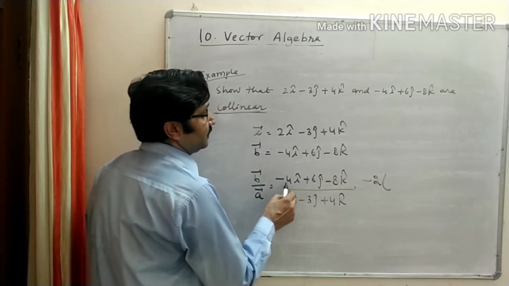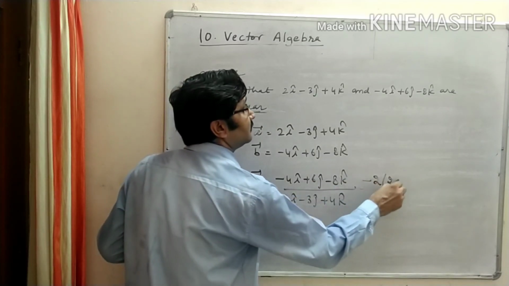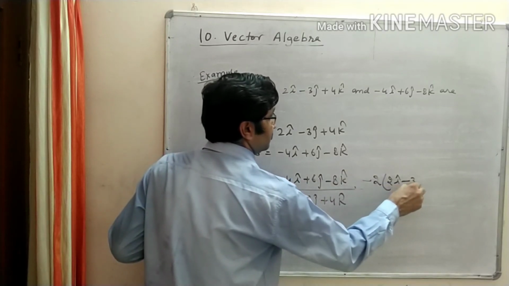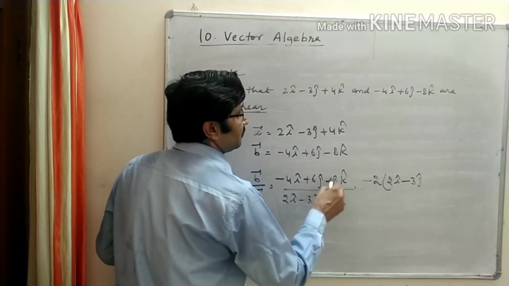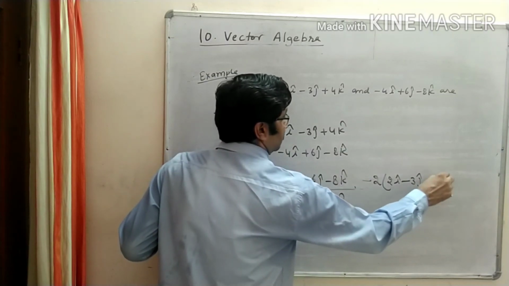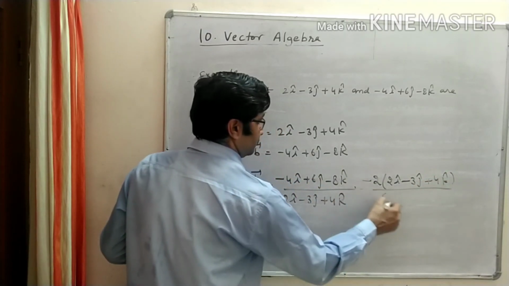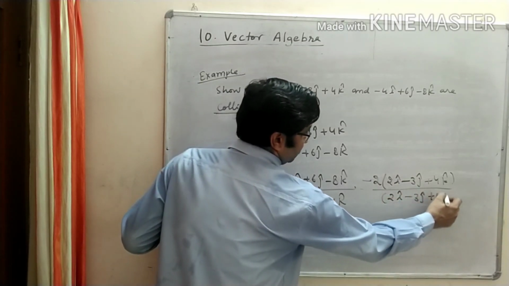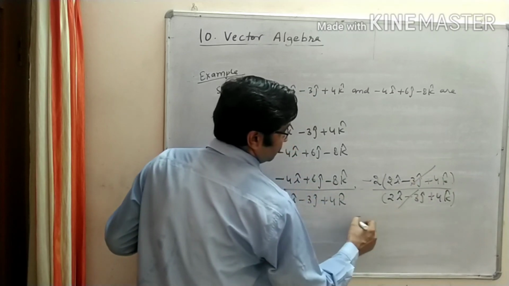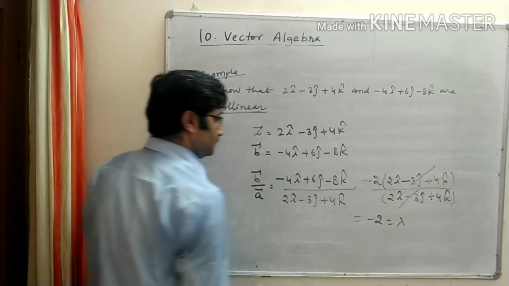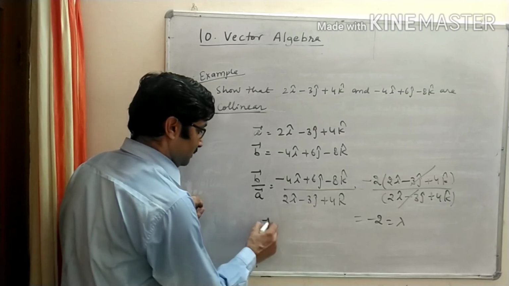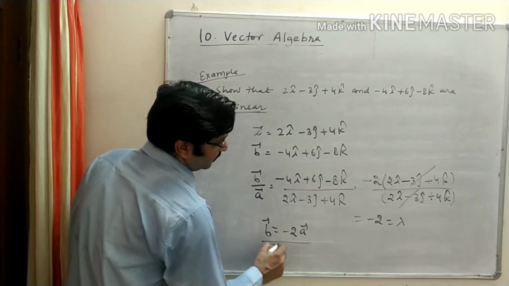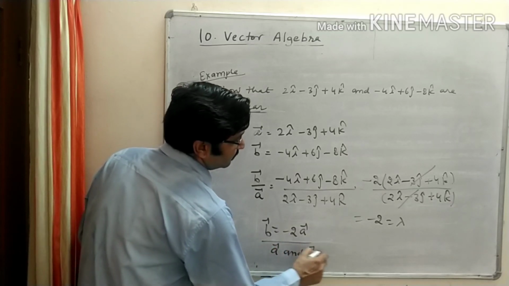If you take minus 2 common from here, you get 2i minus 3j plus 4k, and then you divide by this vector 2i minus 3j plus 4k, and this cancels, you get minus 2. This is lambda and this is a constant, means you get B equals minus 2A, means you can say A and B are collinear.